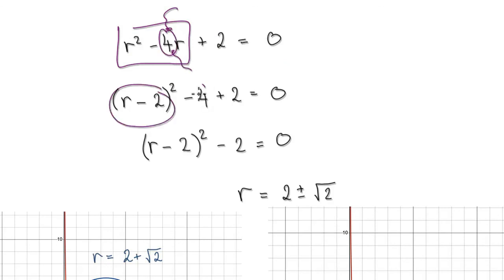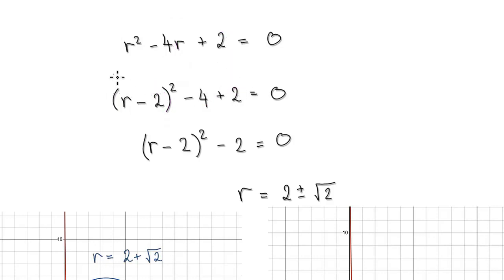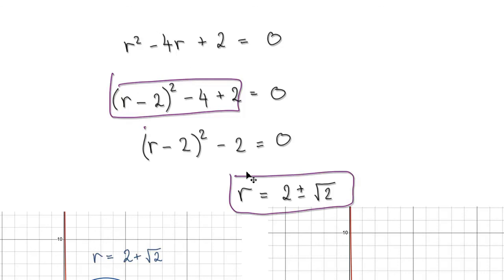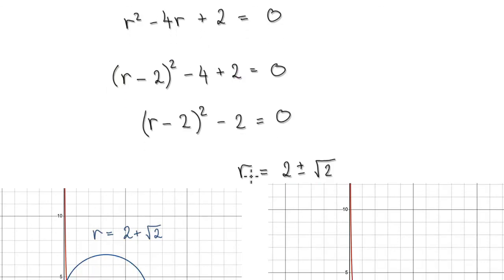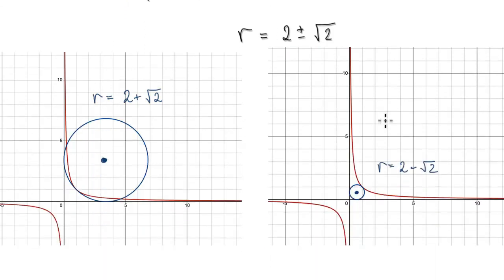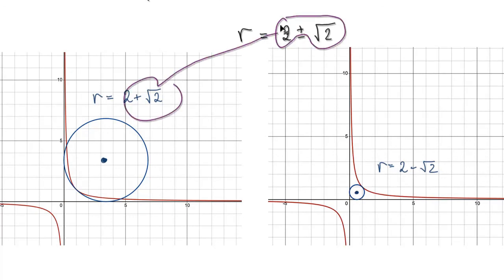And then you take away this thing squared, and then you move this thing down. Complete the square. That will then give you r equals this. So what that means is the radius is 2 plus root 2, or it can be 2 minus root 2.